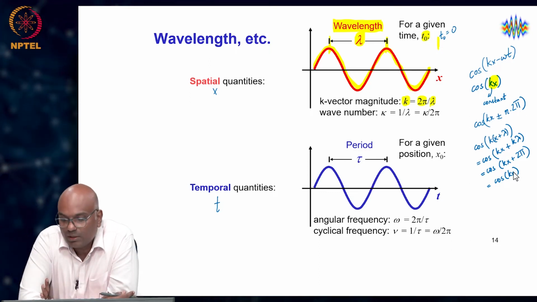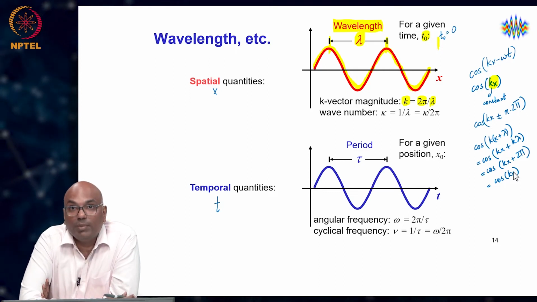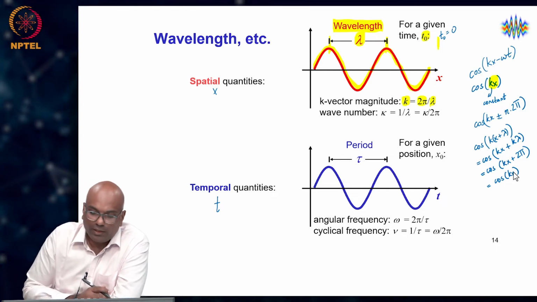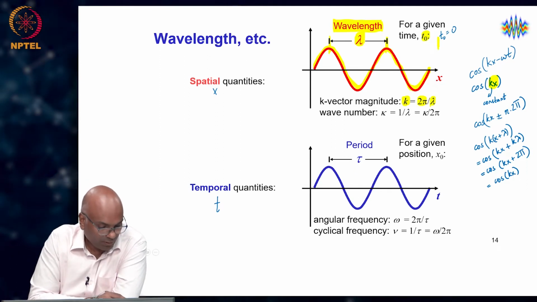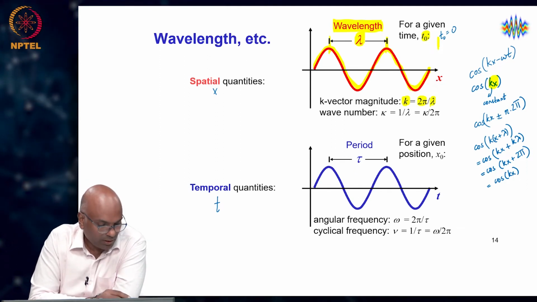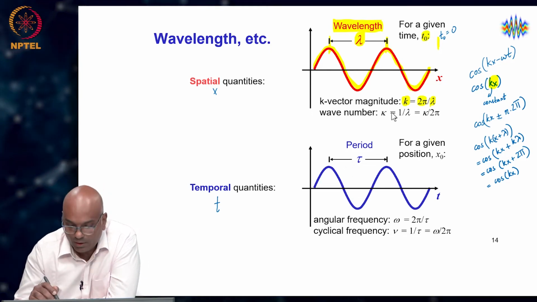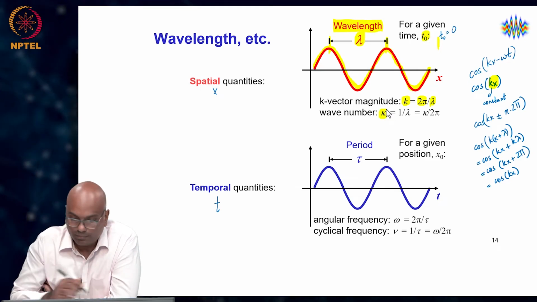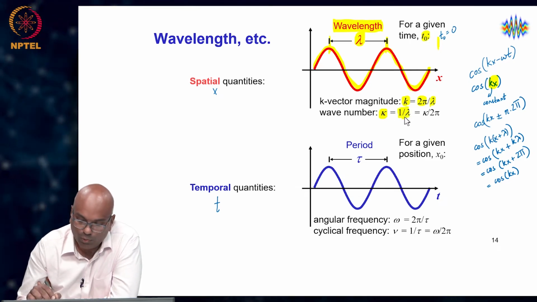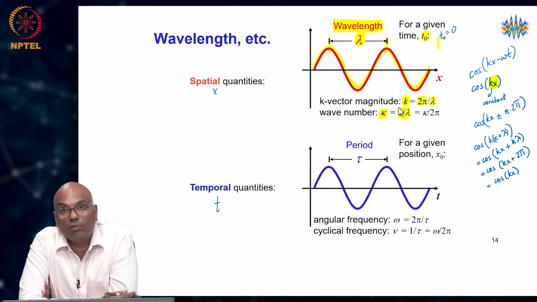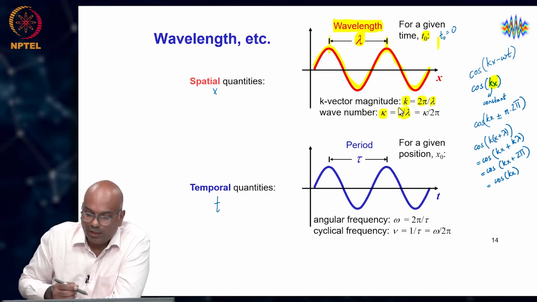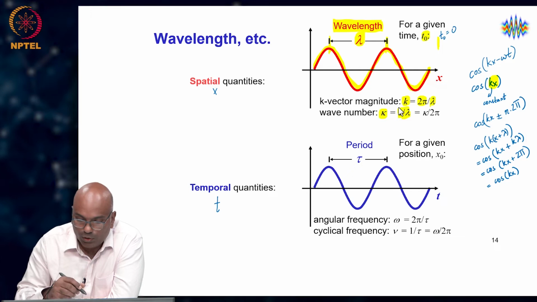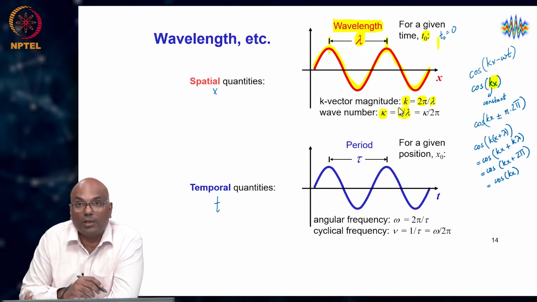So, this gives us an insight into the physical meaning of k. It is essentially 2 pi divided by lambda. Related to this, there is another parameter which is very often used, especially by spectroscopists or in spectroscopy literature, which we call the wave number, that is given the symbol kappa here and is equal to 1 over lambda. Therefore, it has units of 1 over length. The relationship between kappa and k can also be written down correspondingly.